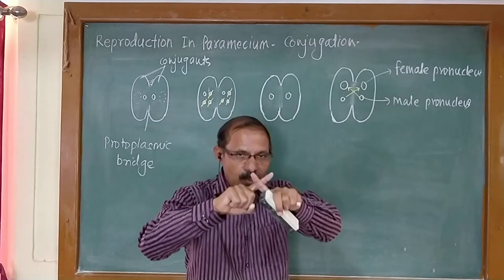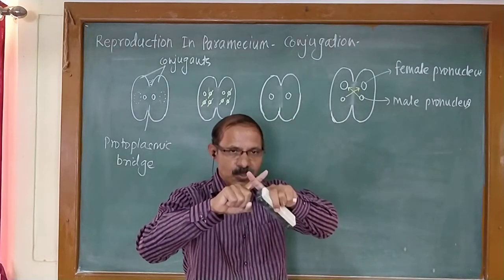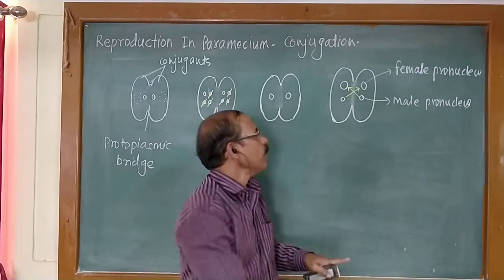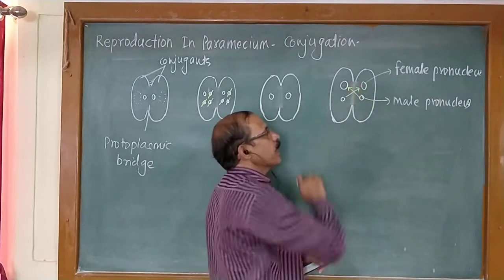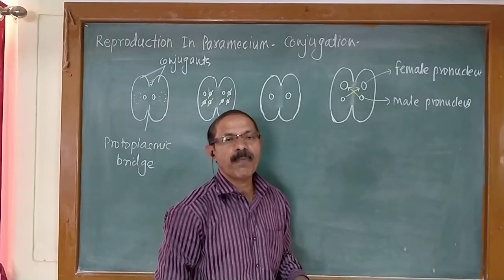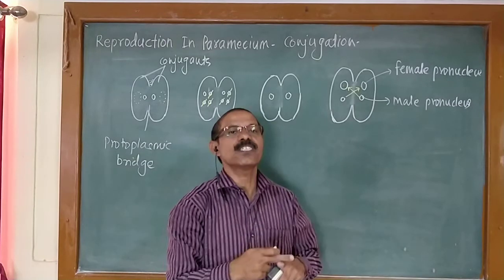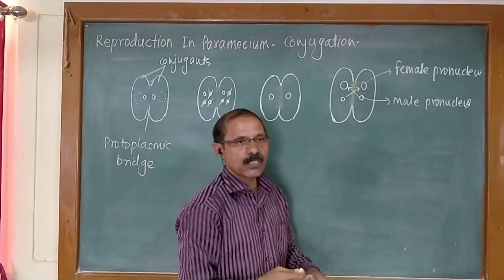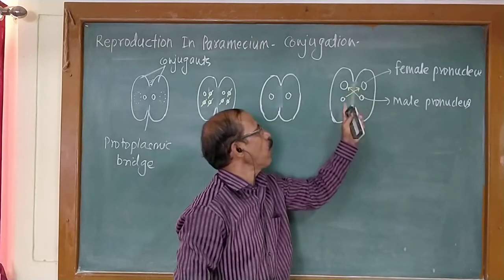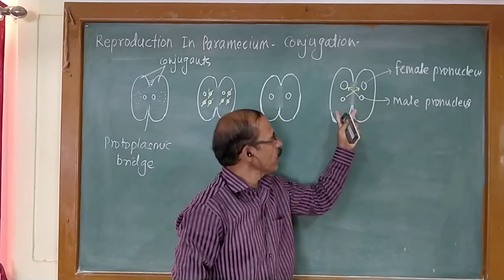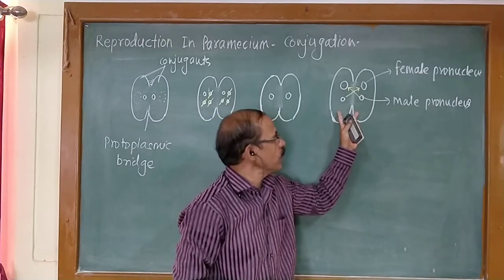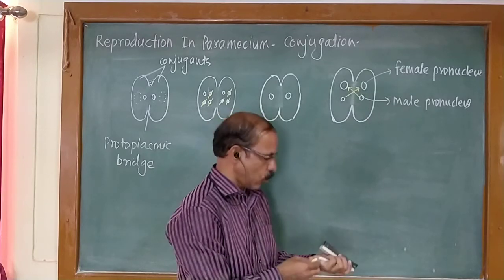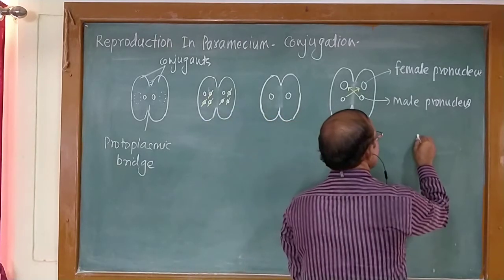Both the micronuclei of the conjugants cross the protoplasmic bridge and fuse with the neighboring female pronuclei, forming a synkaryon. Syn means union, both. Karyon means nucleus. Union of this male and female pronuclei of the neighboring conjugant takes place, and there is a formation of a single zygotic nucleus.